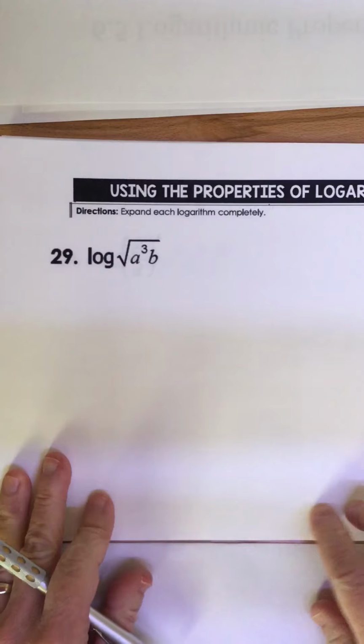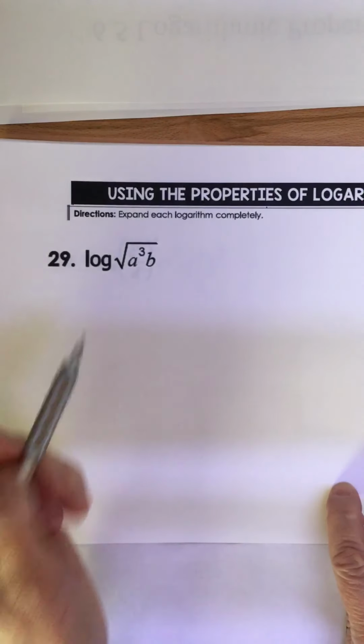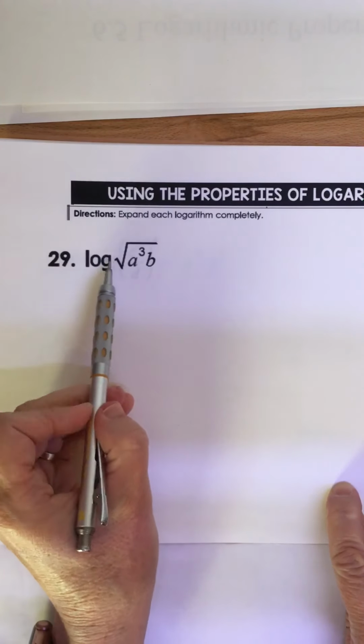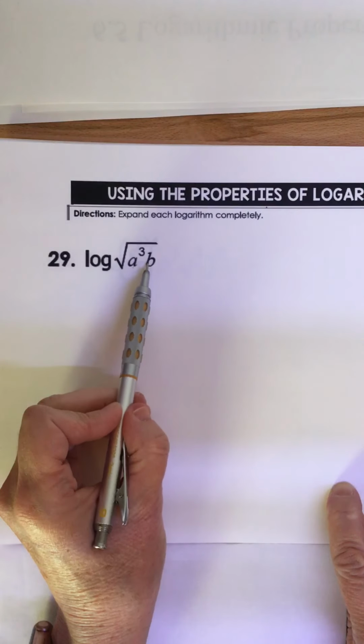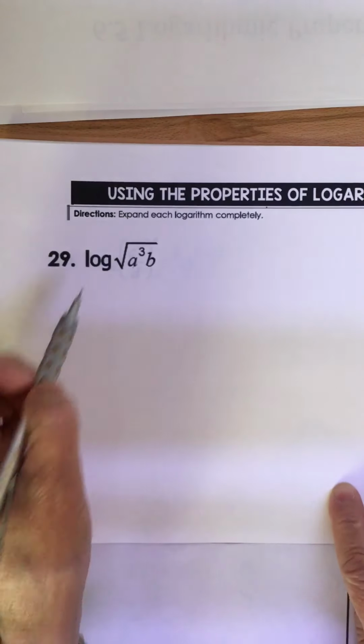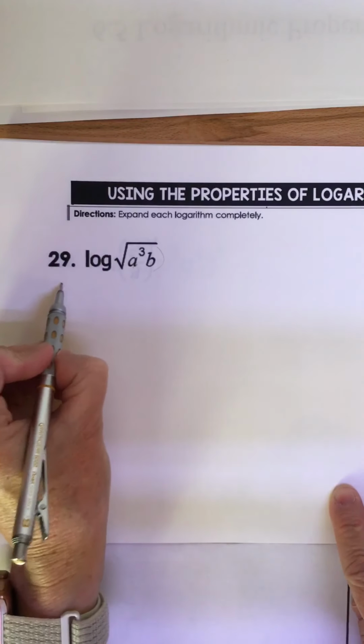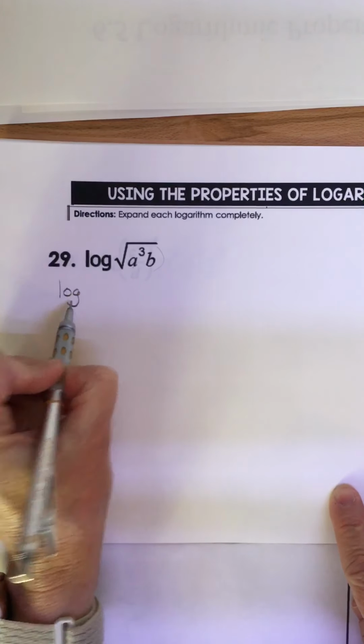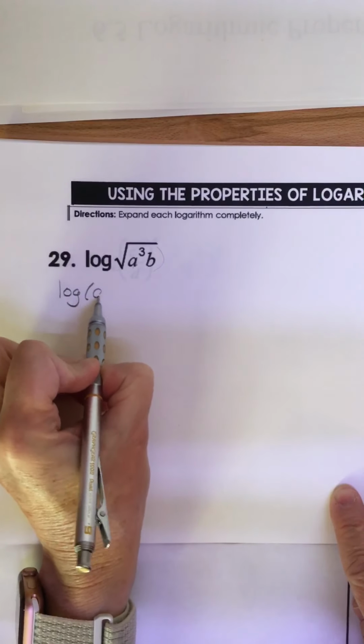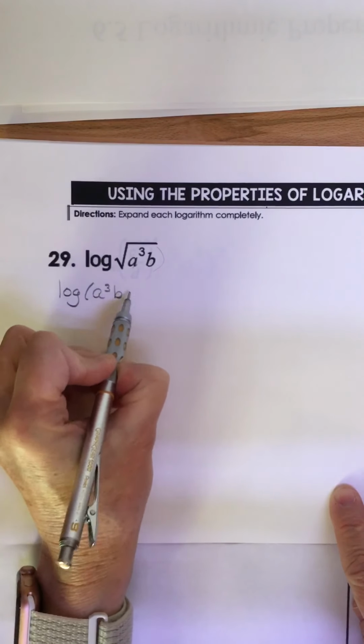All right, on this one, we have a log of the square root of a to the 3rd power times b. So here, since we have this whole thing to be square root, I'm going to rewrite it. That way it prevents any kind of mix-ups that we might have.